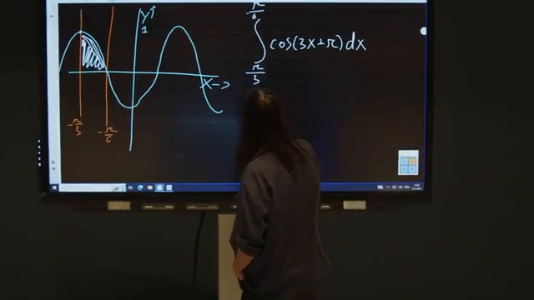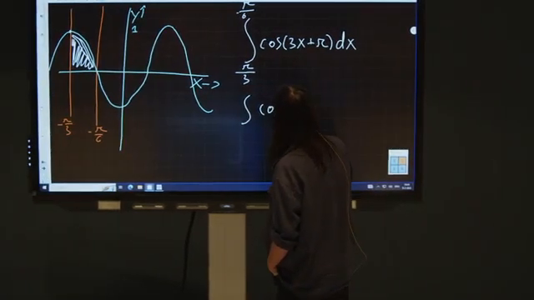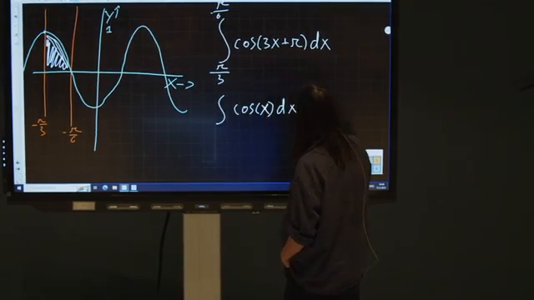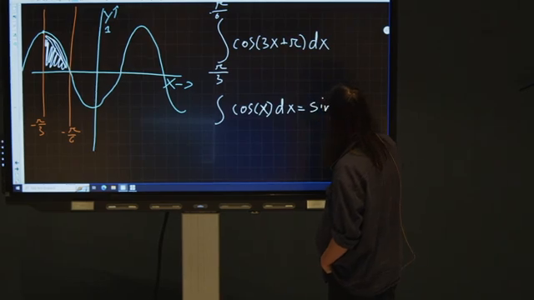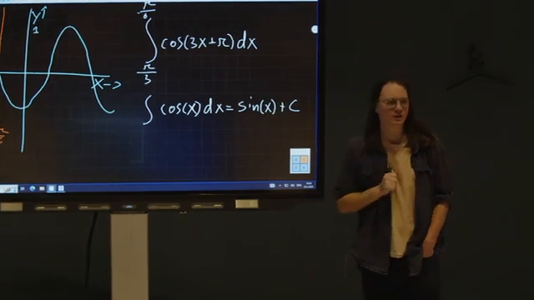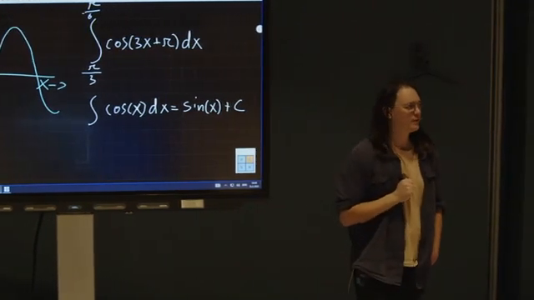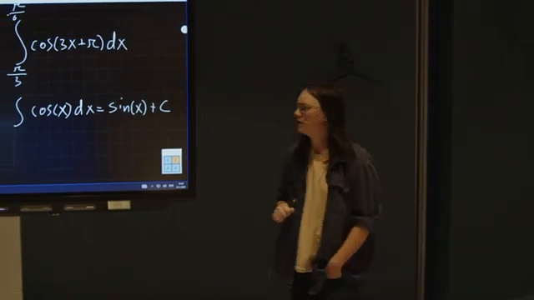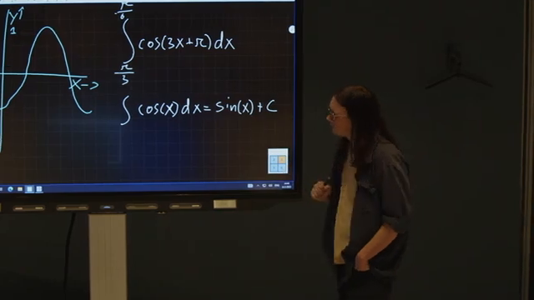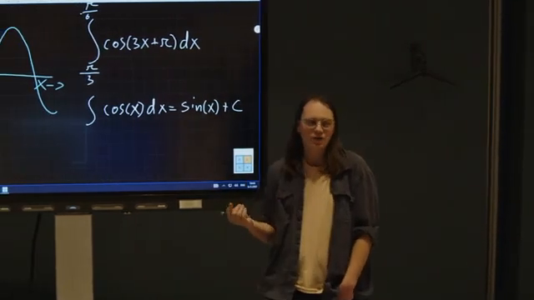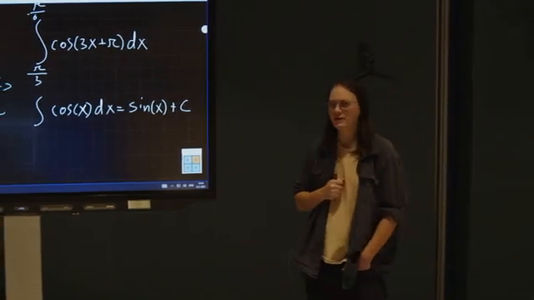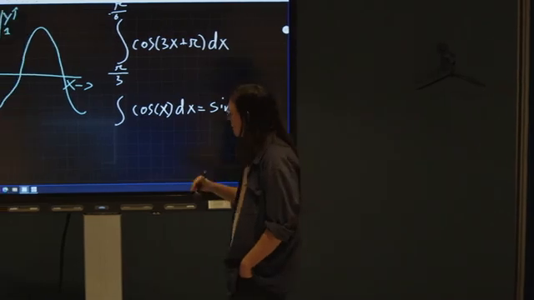In particular, we know that the antiderivative of the cosine is just the sine, because the derivative of the sine is the cosine. So the only thing that we have to deal with is this 3x plus pi inside. And now we might say, okay, maybe an easy guess is to just look at sine of 3x plus pi.